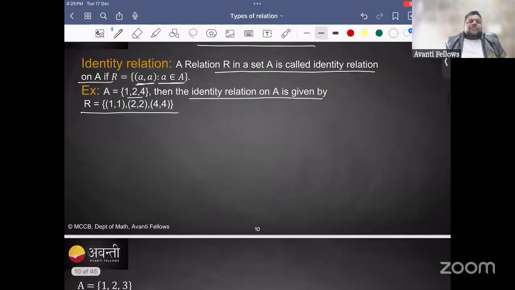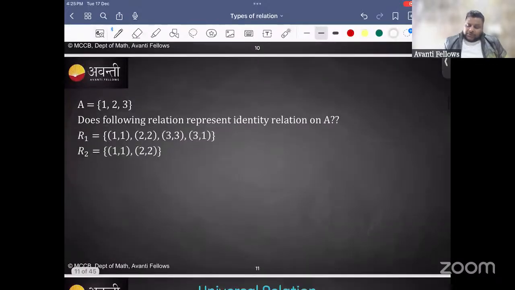Similar to identity functions. Now, if A is {1, 2, 3}, does the following relation represent the identity relation on A? Now see, 1 is related to 1, 2 related to 2, 3 related to 3, but (3, 1) should not be here. 3 should not be related to 1 in an identity relation. So, not an identity relation.